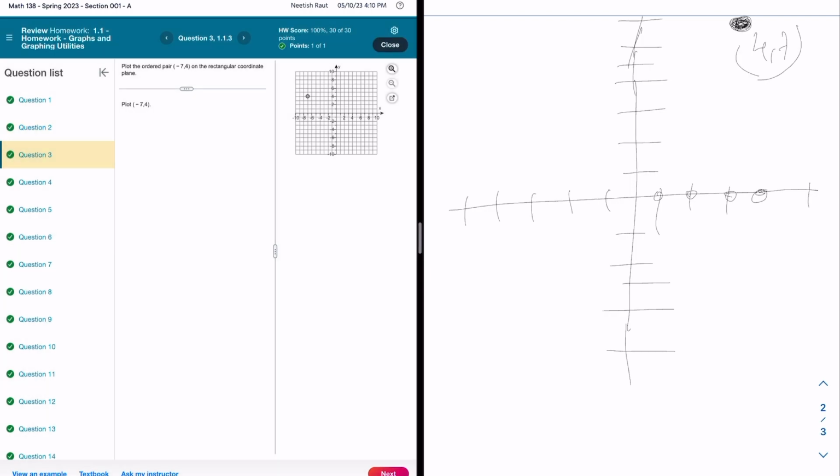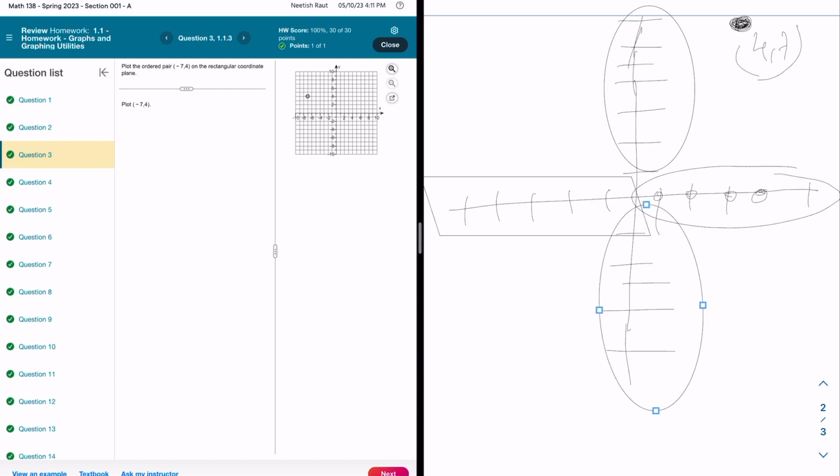Question number 3 is the same. This is the positive x coordinate, this is the negative x coordinate, this is the positive y coordinate, this is the negative y coordinate. Take something like (-7, 4).